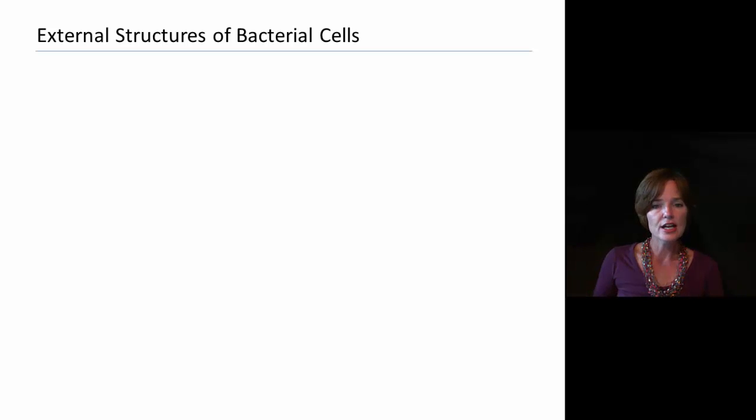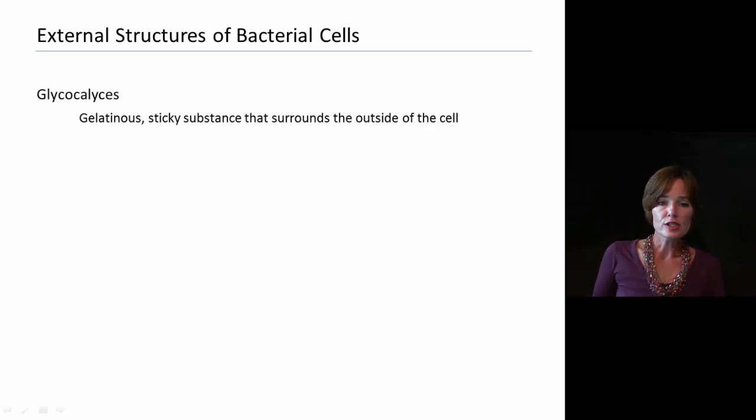Around the outside of a bacterial cell is where we find the external structures. These external structures are really anything outside of the membrane. So we will have a membrane, and then there are these extra things. First up on the outside of the bacterial cell is the glycocalyx, or in plural, glycocalyces. We're going to start on the outside and move our way in. This is the very outside of the bacterial cell.